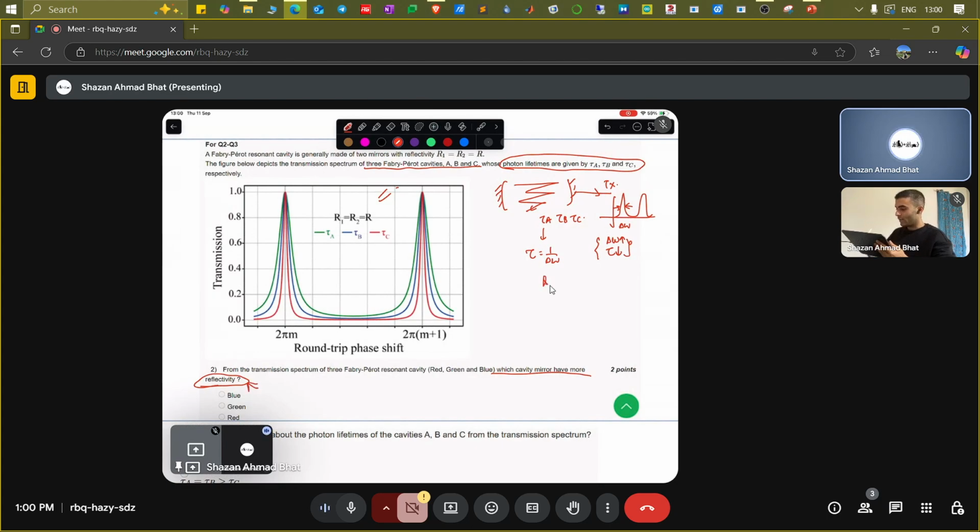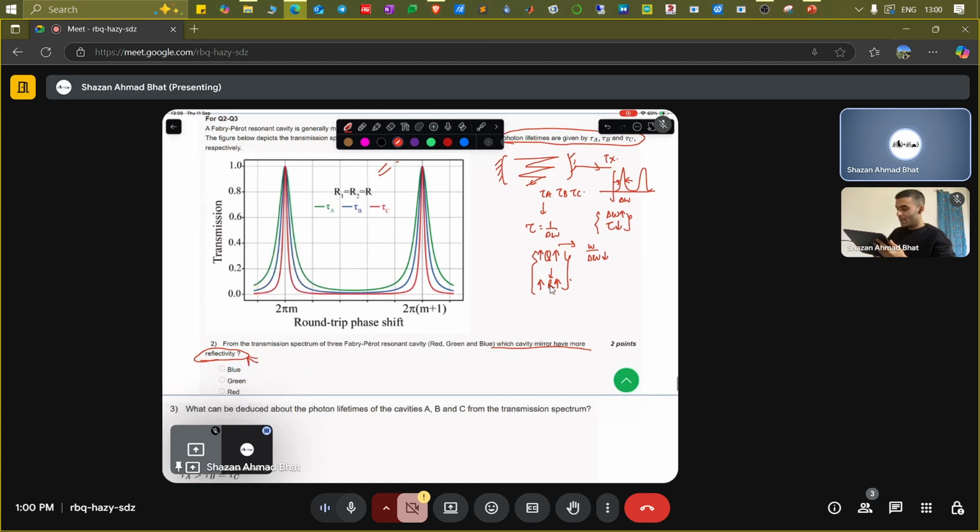Understand that from the quality factor. If the quality factor is more, that means there will be huge reflectivity inside the cavity. And the quality factor depends upon omega over delta omega. Okay, so if delta omega is less, the quality factor will be more. That means the reflectivity will be more. So the delta omega is less for this red one. So delta omega for red is less than delta omega for blue is less than delta omega for green.